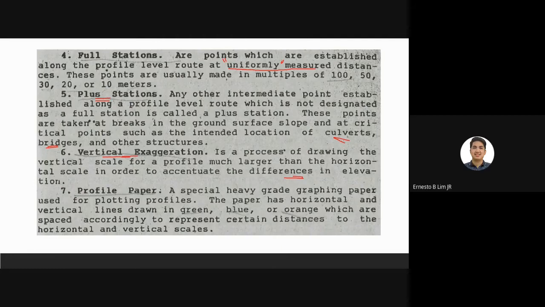Then lastly is profile paper. A special heavy grade wrapping paper used for plotting profiles. The paper has horizontal and vertical lines drawn in green, blue, or orange, which are spaced accordingly to represent certain distances to the horizontal and vertical scales.